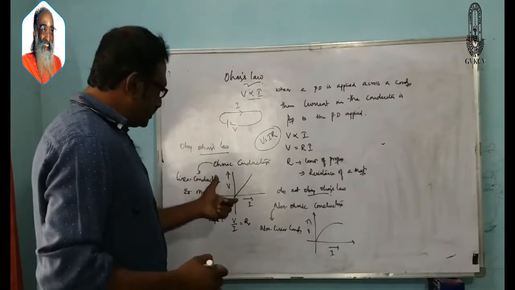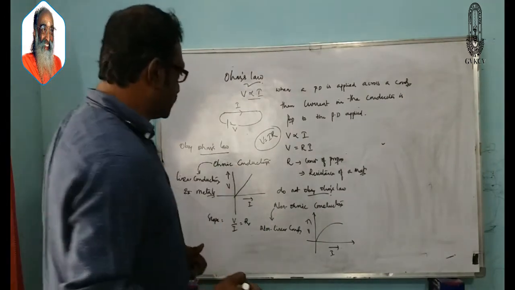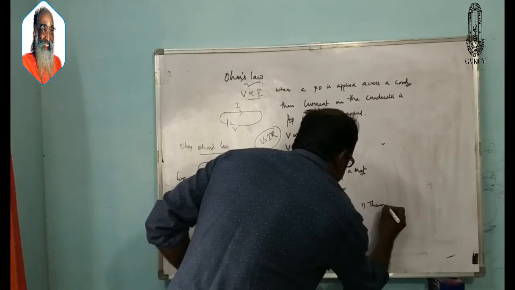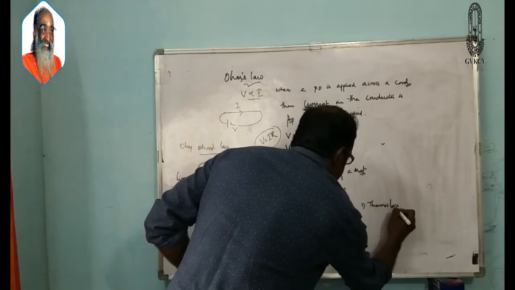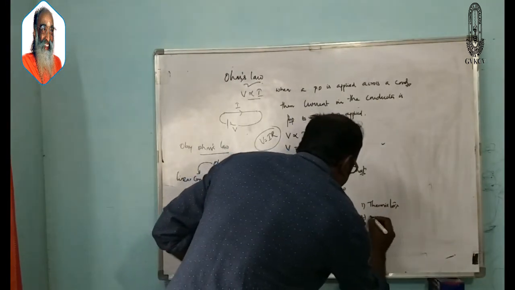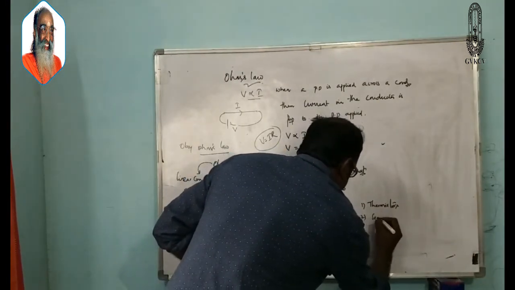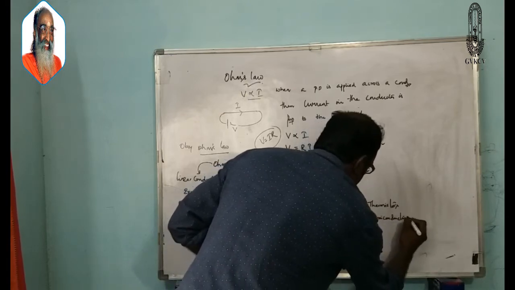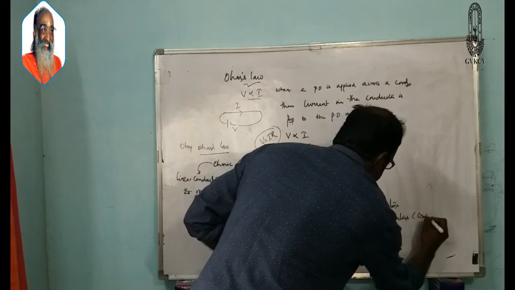The examples for these non-ohmic conductors are thermistors, and I'll tell you what thermistors are. Next is semiconductors, semiconductor diodes, or we can call them crystal structures.